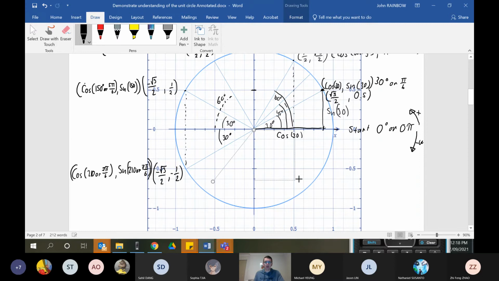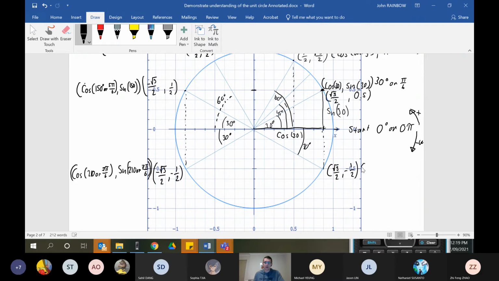So if we then look at over here, and we keep on going right around the circle, and we go to there. So we've gone 360 degrees, and then we're coming back 30 degrees. Now, if you think about that, the length of cos is going to be the same as cos 30 degrees. So 330. So the point here would be root 3 on 2. However, down would be negative a half.